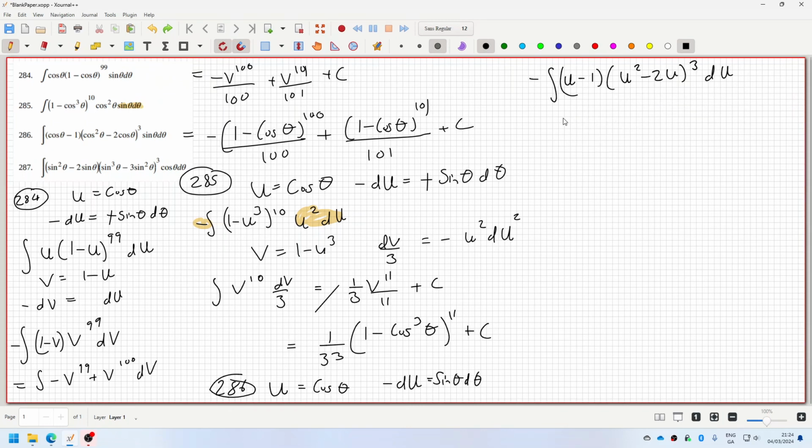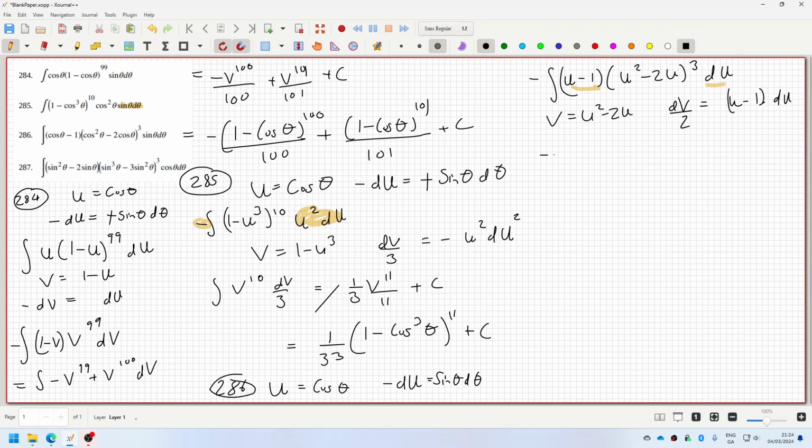So I now say let v equals u squared minus 2u. So that means dv du would be 2u minus 2, or in other words, 2u minus 1 du. So that means dv over 2 is u minus 1 du, which is exactly what I have here.